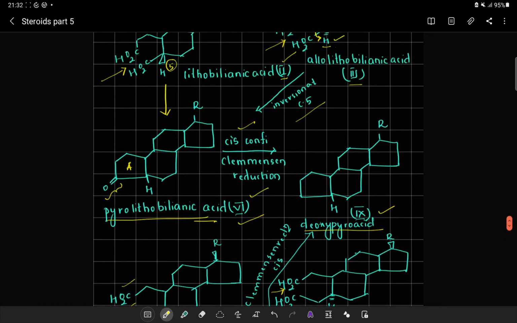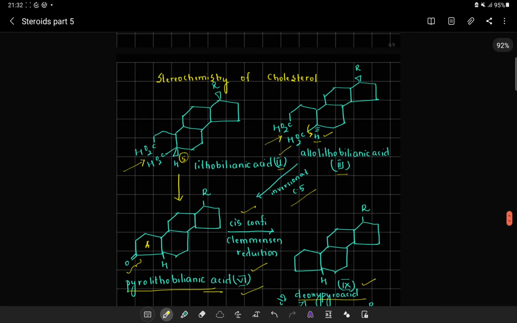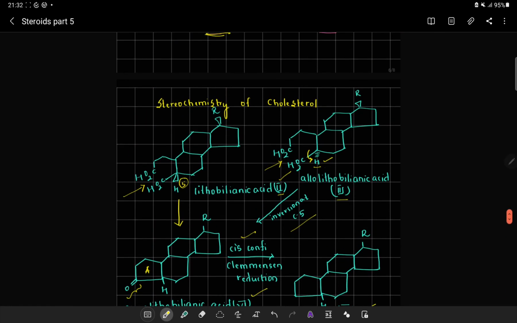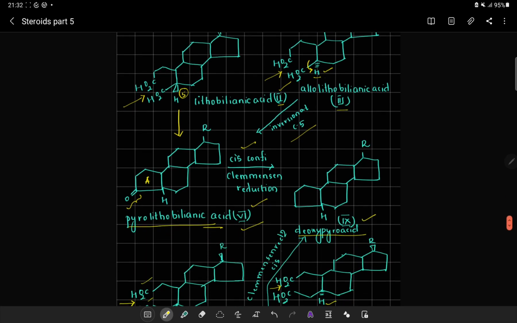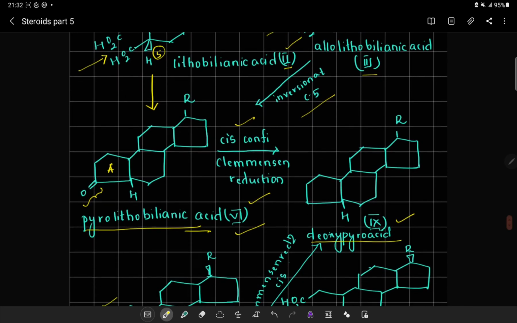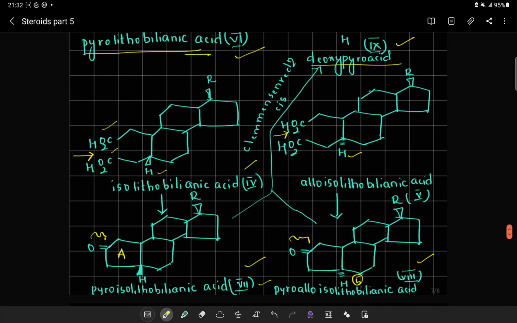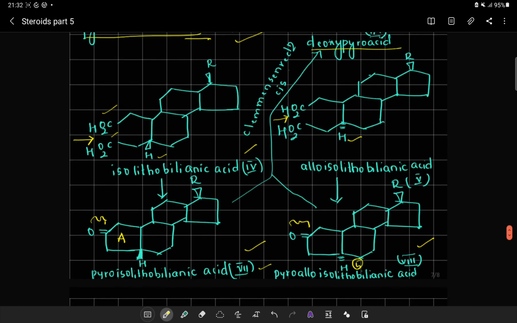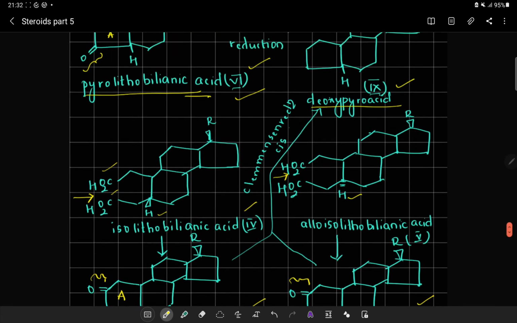So in this particular session, we understood that lithobilyanic acid and allolithobilyanic acid, compound number 2 and 3, gave pyrolithobilyanic acid, because compound number 3 could undergo an inversion at C5. Secondly, isolithobilyanic acid gave compound number 7 and compound number 8 was given by alloisolithobilyanic acid.